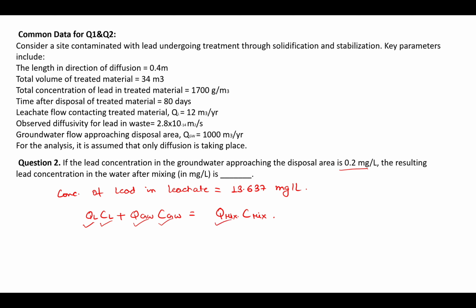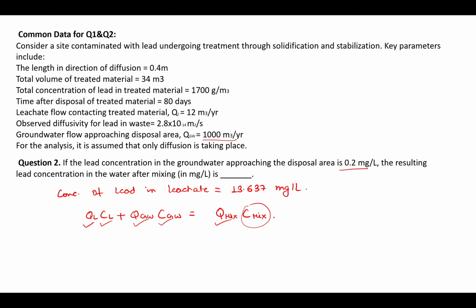So the flow rate for the mix will be the sum of the flow rate of leachate and groundwater. That will be 12 plus the groundwater flow rate, which is 1000 meter cube per year. And we have to find the concentration of the mix. Again, I'll request you to redo the calculation and write the value which you are getting.